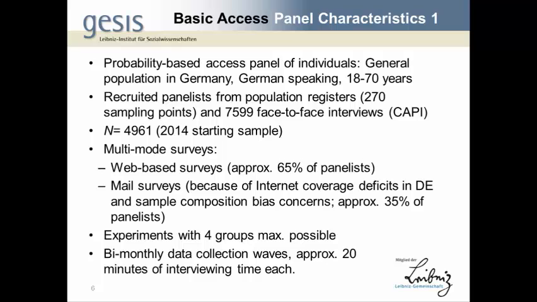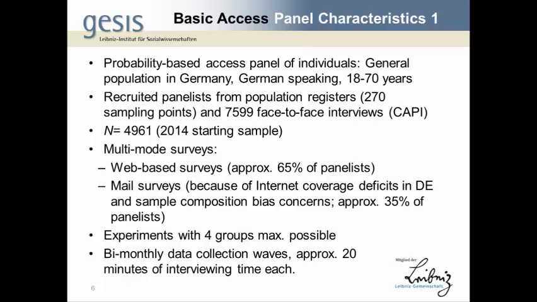As I already told you, the GESIS panel is a probability-based access panel of individuals, not of households. The LIS panel is a household panel. Our population are individuals in Germany, German-speaking, between the age of 18 and 70.